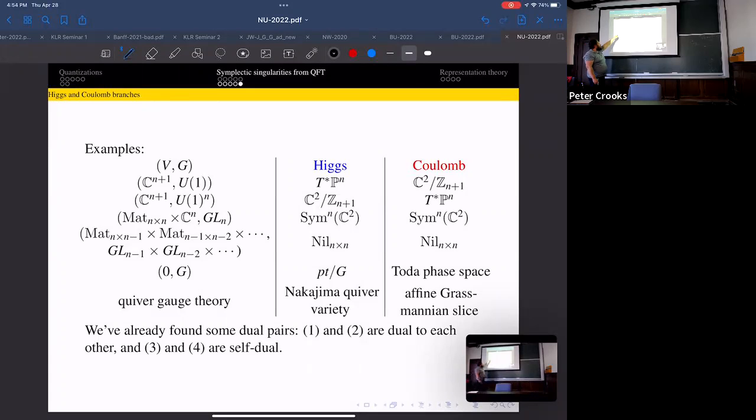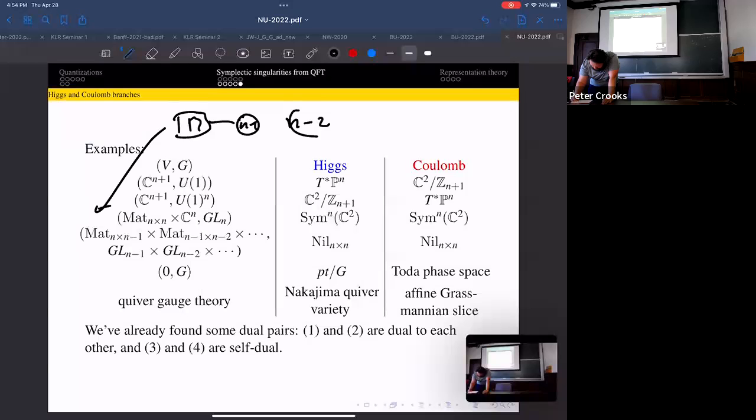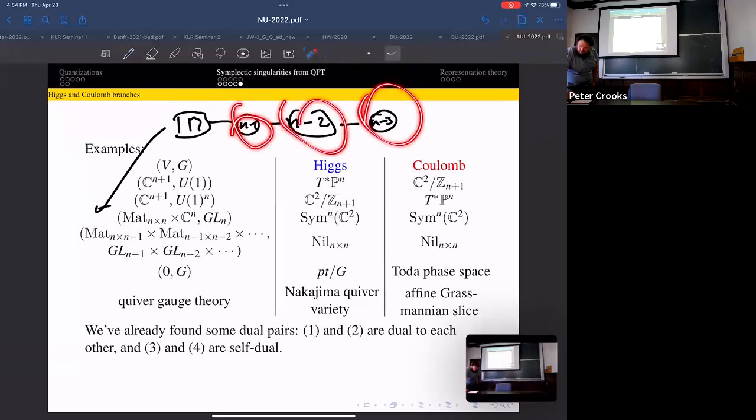There's another one of these. This is maybe impossible to decipher. The better way to describe this is to draw the quiver in the physicist style, which is I have n in a box, and then n minus 1, n minus 2, n minus 3, all in circles. And that means my gauge group is the product of the GLNs for these circles.